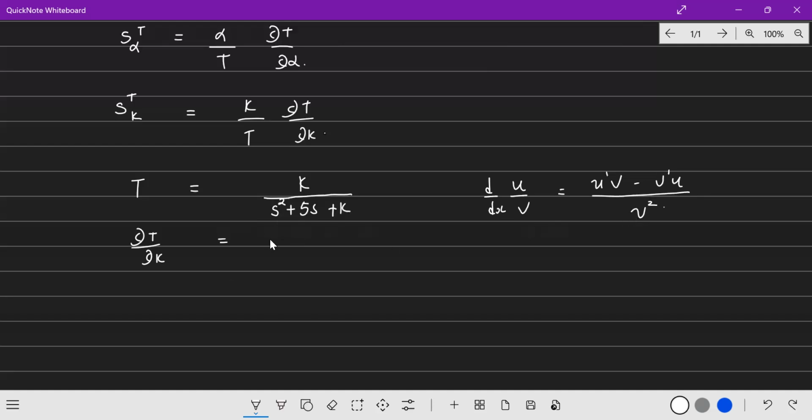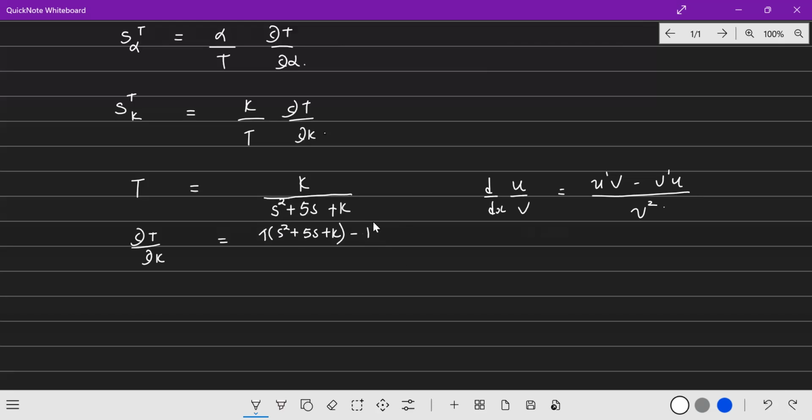So what's the derivative of K with respect to K? This is simply 1, multiplied by s squared plus 5s plus K, and then minus the derivative of the bottom function with respect to K, again 1, because these are constants and they disappear.